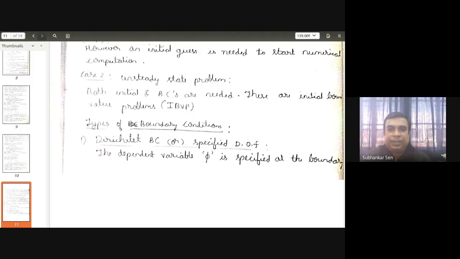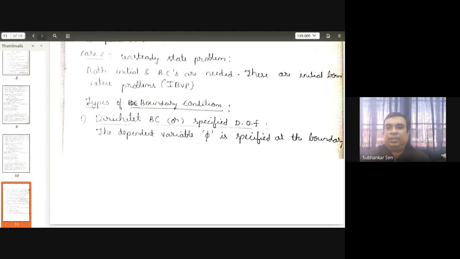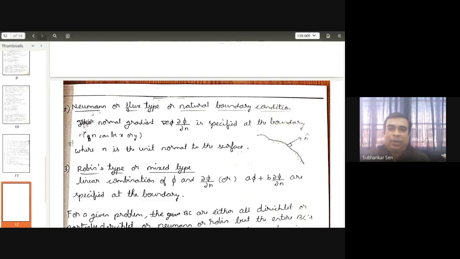And then there are 3 basic kinds of boundary conditions. The most common boundary condition is the Dirichlet type or the specified boundary condition. If we give the value of temperature directly, this is the Dirichlet boundary condition. If we give the heat flux, that it is insulated or not insulated, but if we specify the heat flux, we actually imply that it is a Neumann boundary condition. So if we specify this del phi del n, then we talk about the Neumann or flux boundary condition.